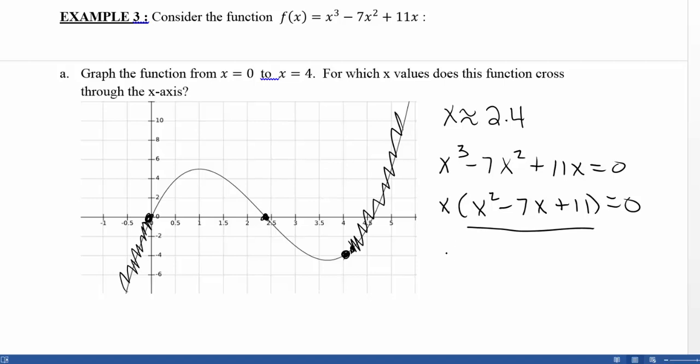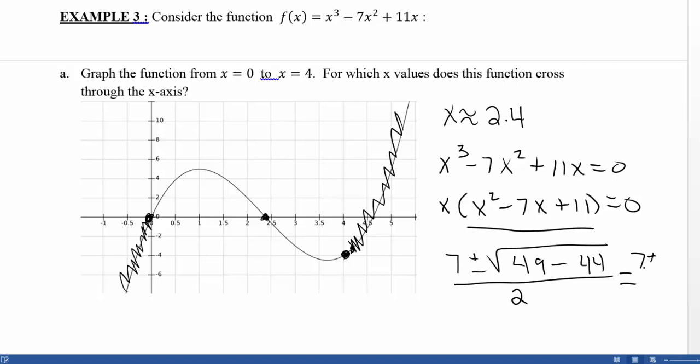I'm going to do the opposite of b, plus or minus the square root of b squared, which is 49, minus 4 times a times c, which is 44, all divided by 2a, which is 2. That gives me 7 plus or minus the square root of 5, divided by 2.